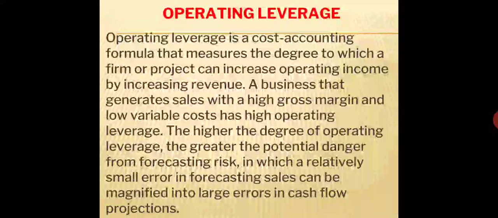Say for example, suppose the total production of the organization is 1000 units, and at that time the fixed cost remains the same, that is 50,000. But if the organization increases its total production from 1000 to 3000, then whatever change in overall profit shows the situation of operating leverage.